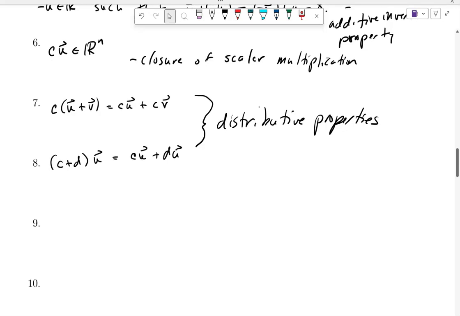The next one is a kind of an associativity property. But again, something is going on here. Notice on the left-hand side, what kind of objects am I multiplying together here? A scalar and a vector, right?